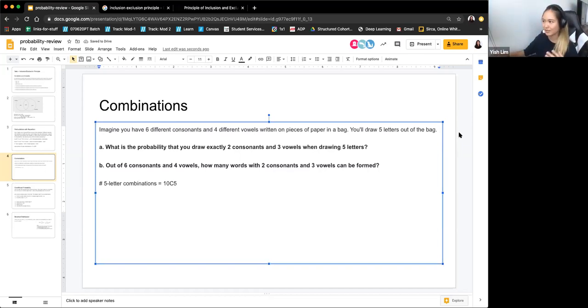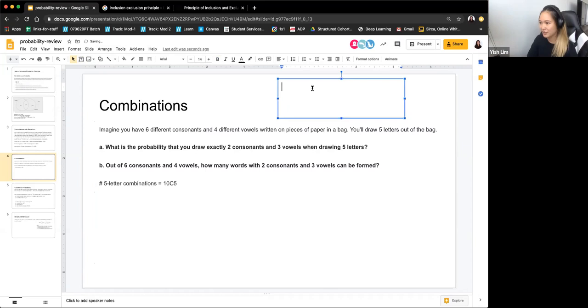So it would be like that formula of, let me actually just type the formula somewhere up here. So if you see n choose k, where n and k are different numbers, the formula is n factorial divided by k factorial multiplied by n minus k factorial.